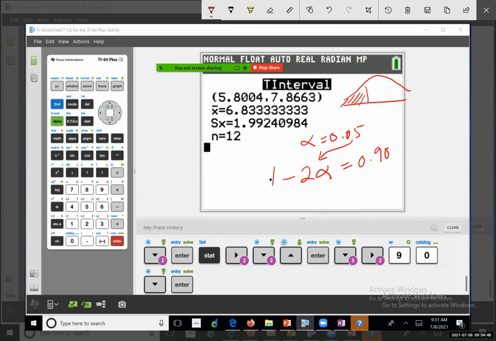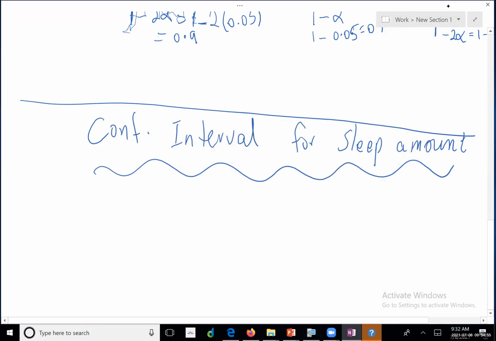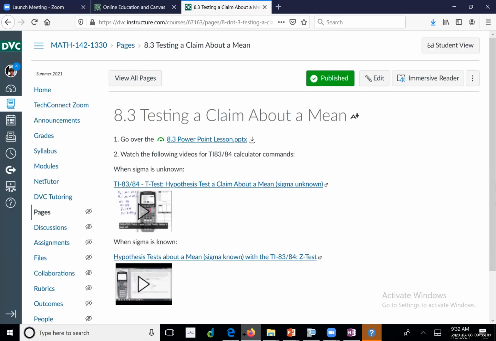If it was two-tailed, then it was just 1 minus alpha. Hope that makes sense. I try to give you the confidence level in the test, but you will see them on homework, where you need to find it yourself.